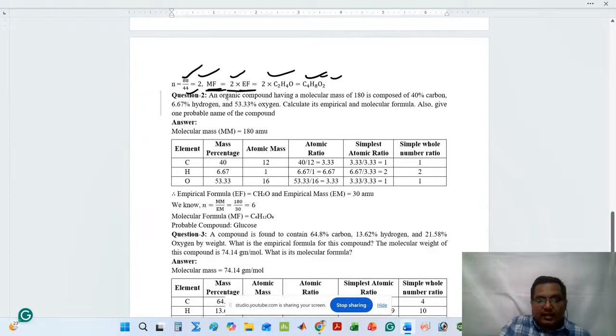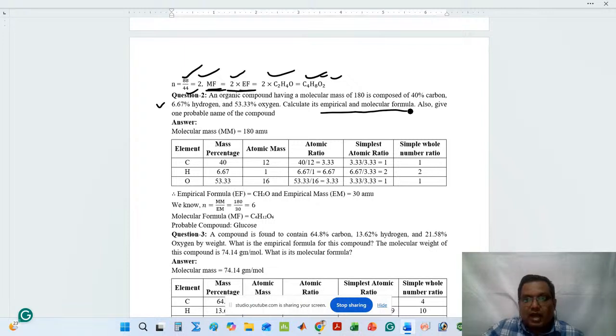An organic compound having molecular mass 180 is composed of 40% of carbon, 6.67 percentage of hydrogen, and 53.33 percentage of oxygen. Calculate the empirical and molecular formula.